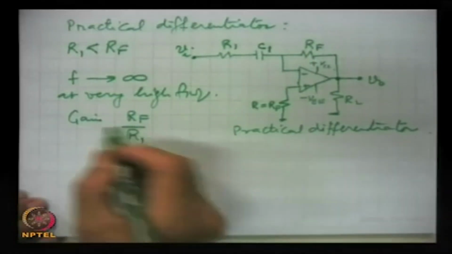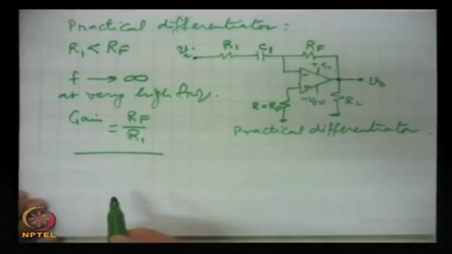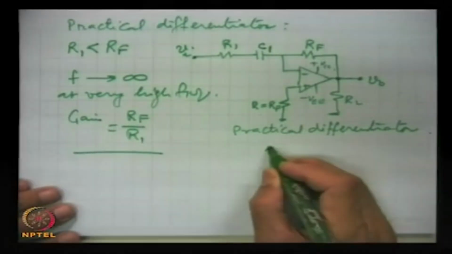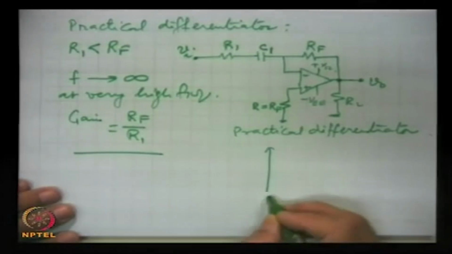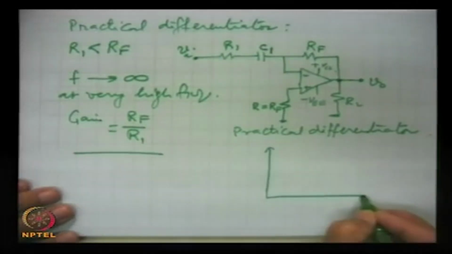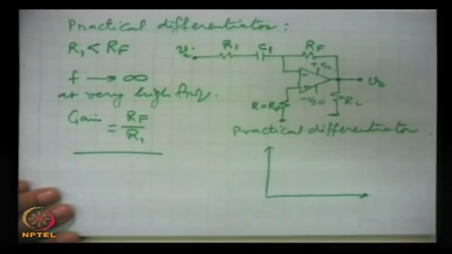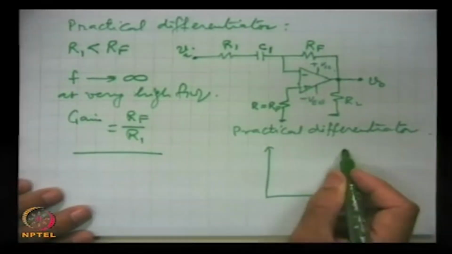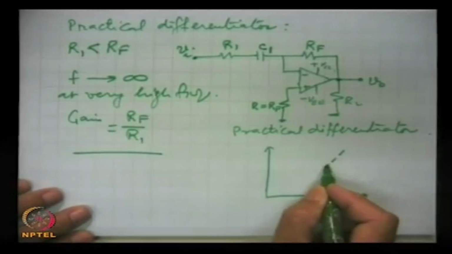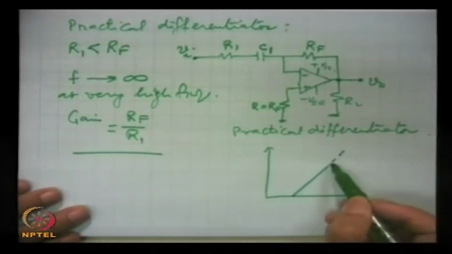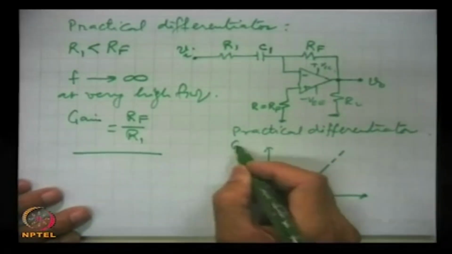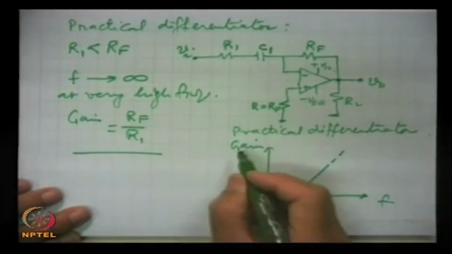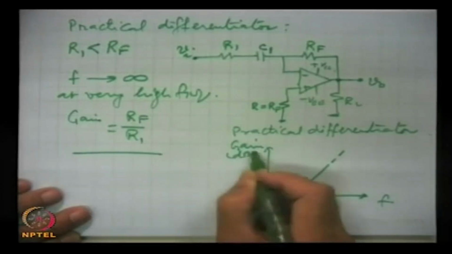So, gain will be this at very high frequencies, and the frequency response of this practical differentiator is this, and here this was the gain going up very fast with frequency. This is frequency, and this is in dB.